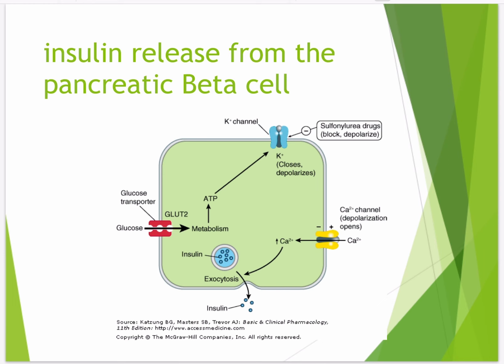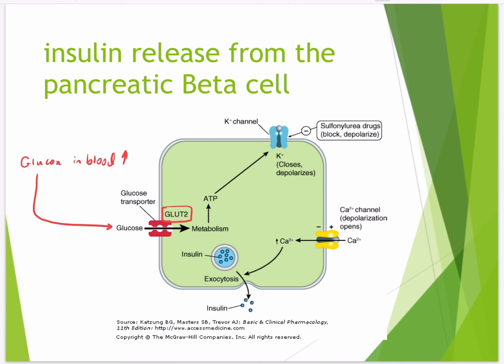How is the mechanism of insulin? The first part I would like to explain is how insulin is released from the pancreatic beta cell. When the blood glucose is high, the glucose goes in through the glucose transporter, GLUT2, which we will speak about later.